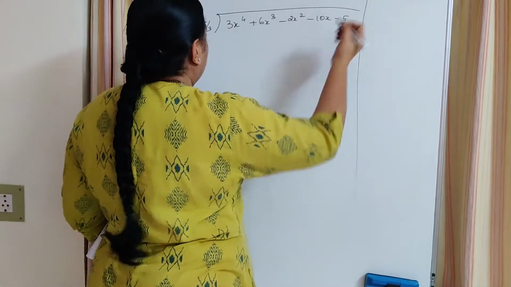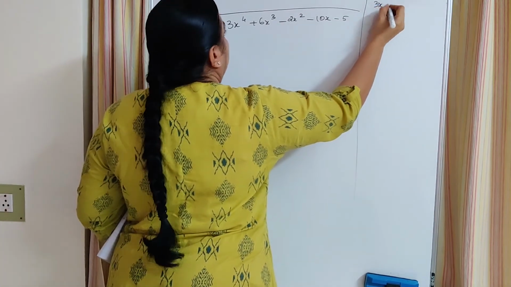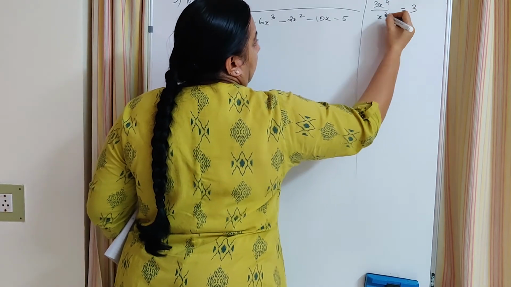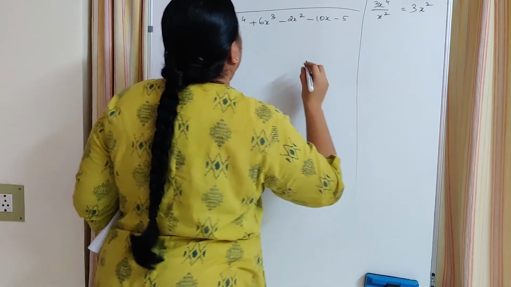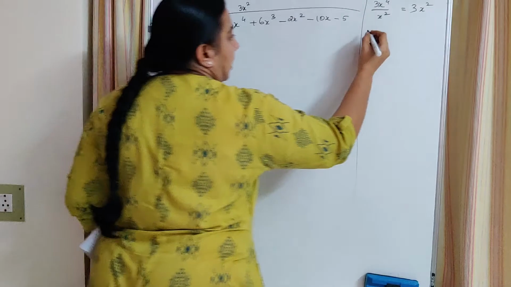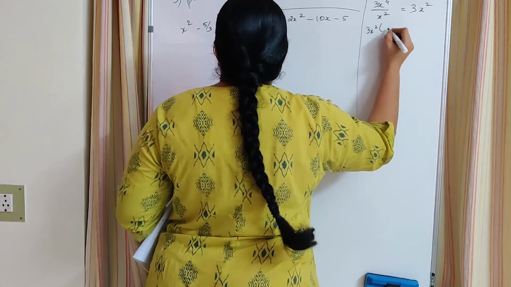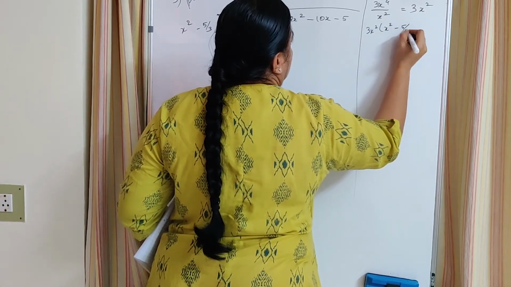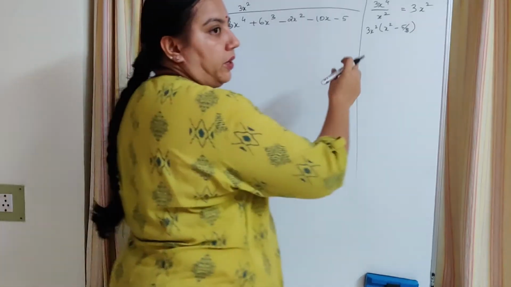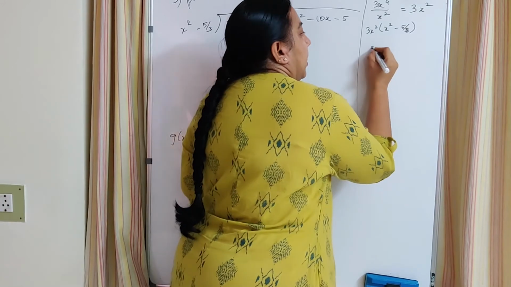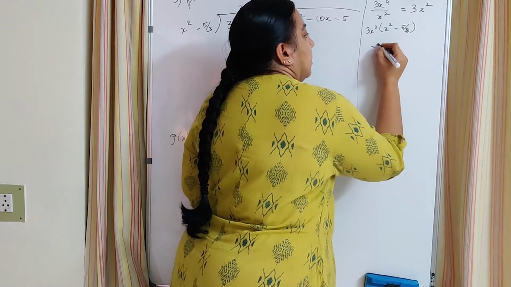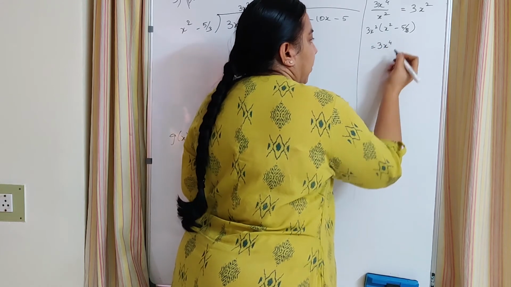The rough column, usual rough column. 3x power 4 divided by x square, normal division, 3 and x square, so it's 3x square here. Then multiply 3x square into x square minus 5 by 3. As this is having a denominator, I am going to write it separately. 3 into x square is 3x power 4.